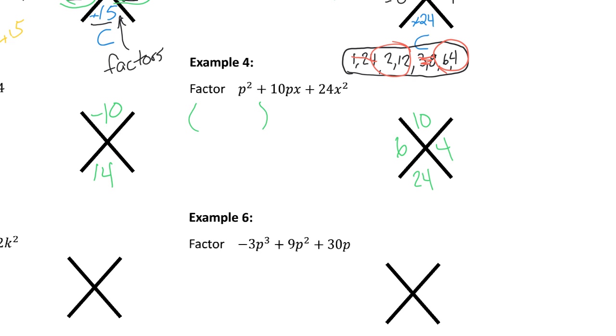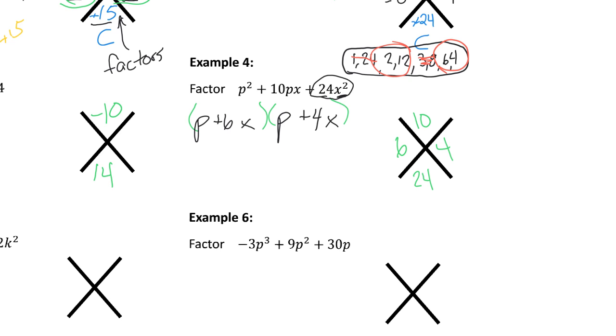So normally we would fill in that this first number is a p, and then we would do plus 6 and plus 4. But what are we missing here? We're missing that x. And since it's with the 24, then it's with our factors here of 6 and 4. So it's not just p plus 6, it's p plus 6x. That's really the only difference, that we add that x into there, because now we have two variables.